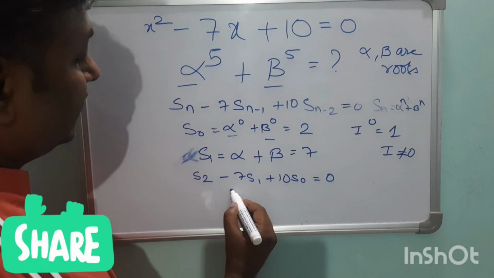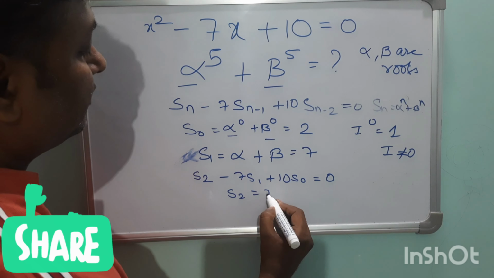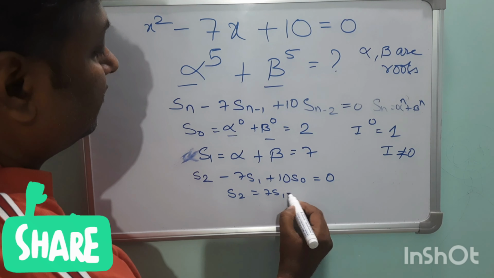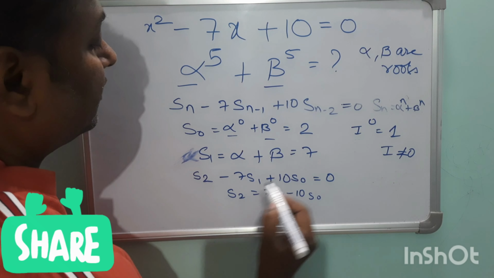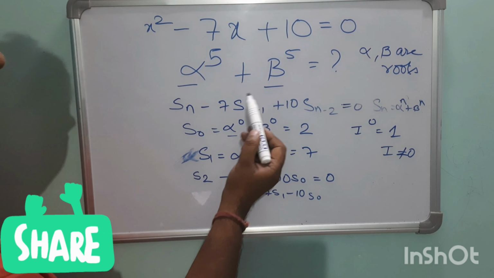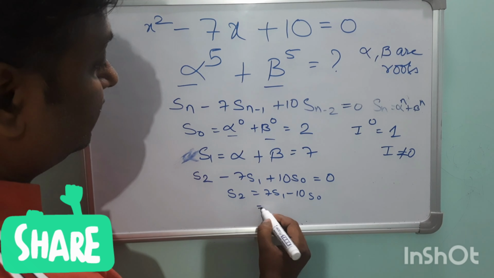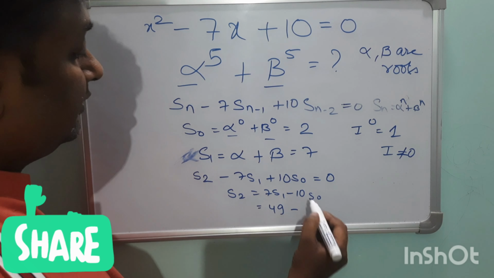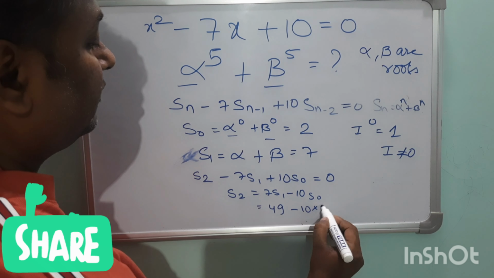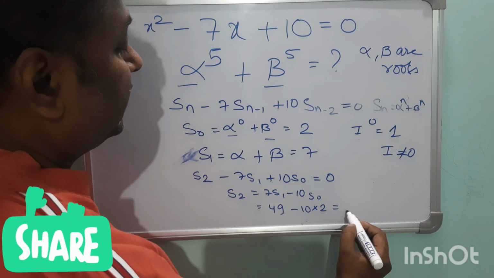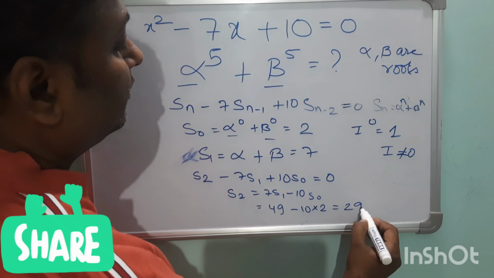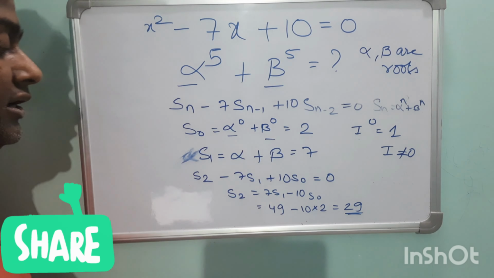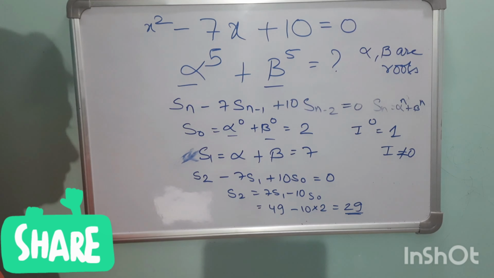So I can say that S2 is equal to 7 S1 minus 10 S0. S1 we know is 7, so 7 into 7 is 49 minus 10 into 2, that is 20. That becomes 29. So S2 we are well aware of, right?